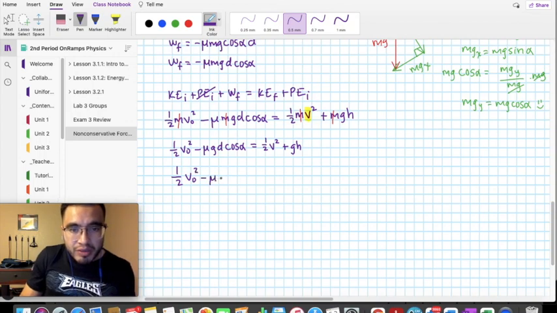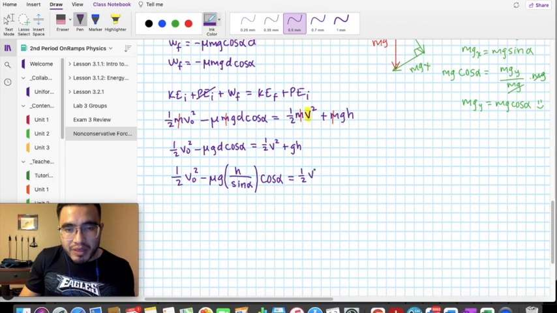Minus mu g, distance was height divided by the sine of alpha in parentheses, that's distance, times the cosine of alpha. That is 1/2 v squared plus gh.